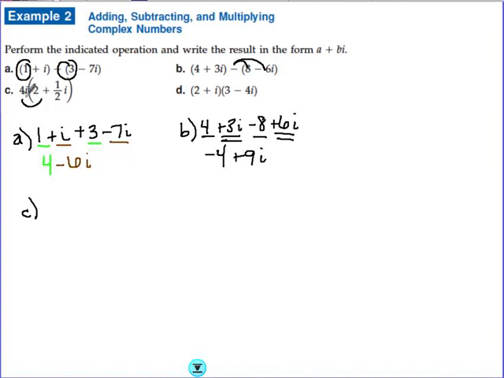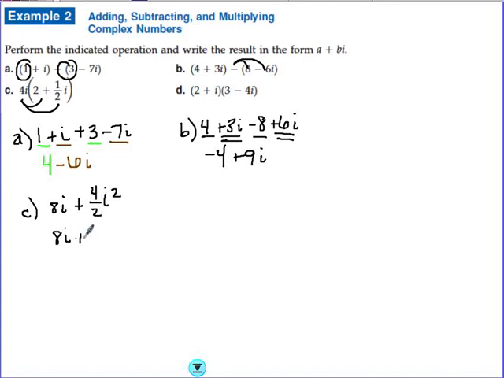Part C, when I'm multiplying, I'm going to have to distribute this term. So the 4i times the 2 gives me 8i. If I distribute it to the next term, I have a positive in the middle, 4 halves, and then I have an i squared. So this is where I have to simplify it a little bit more. This first term I cannot simplify anymore, so I leave it as 8i.